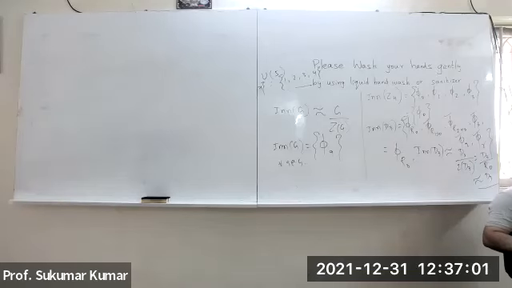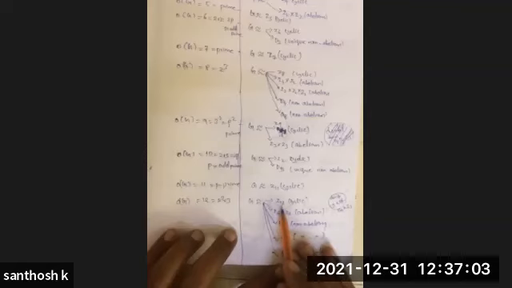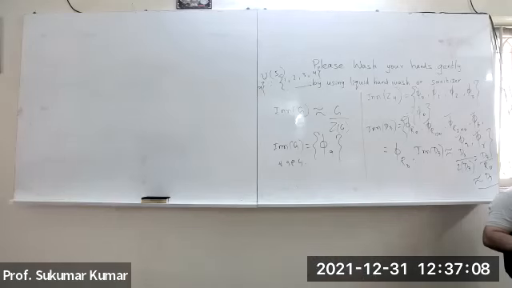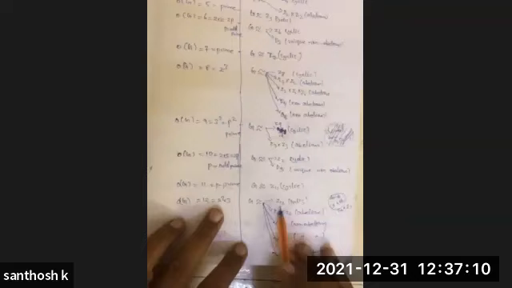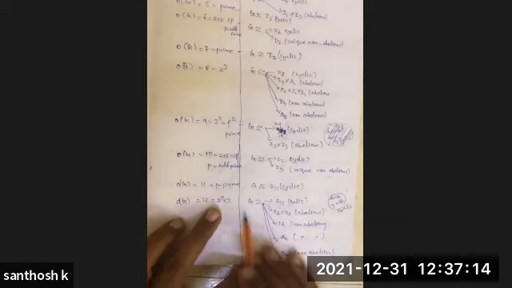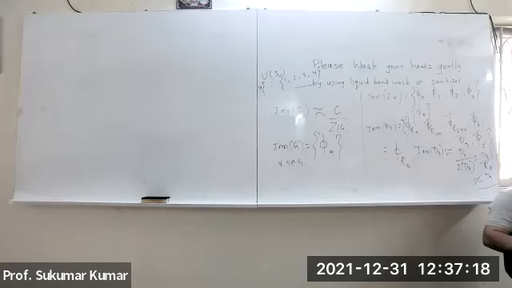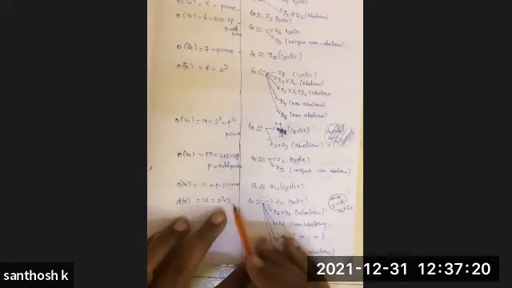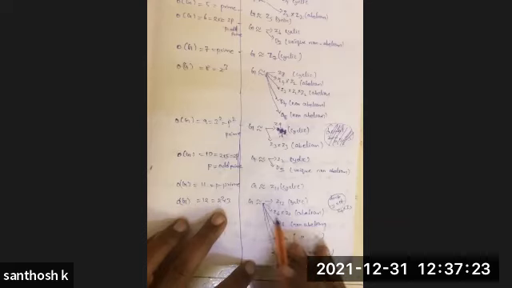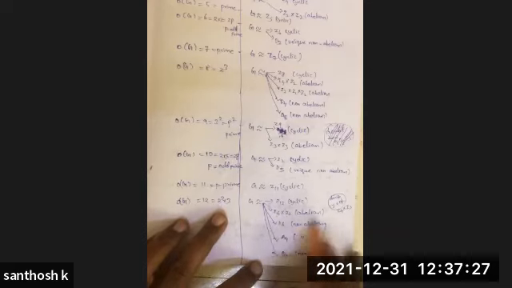Then here G is isomorphic with 12, a group of order 12. Sir, I am asking one silly doubt. Okay, no problem, you ask. The order of G is 2 square into 3, so we are writing this could be isomorphic to Z6 cross Z2. Then why not Z4 cross Z3, sir?